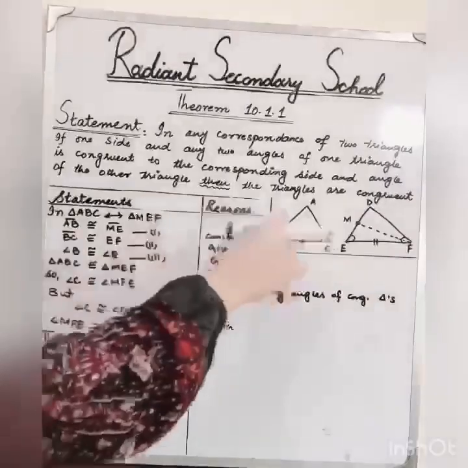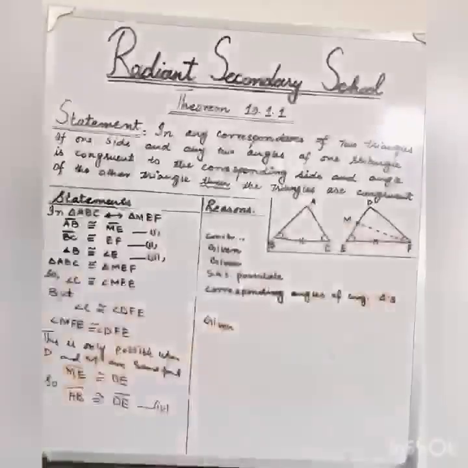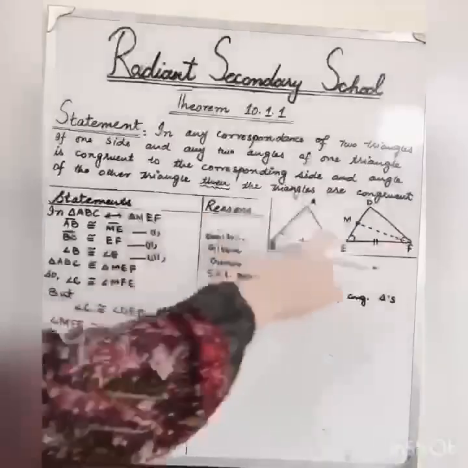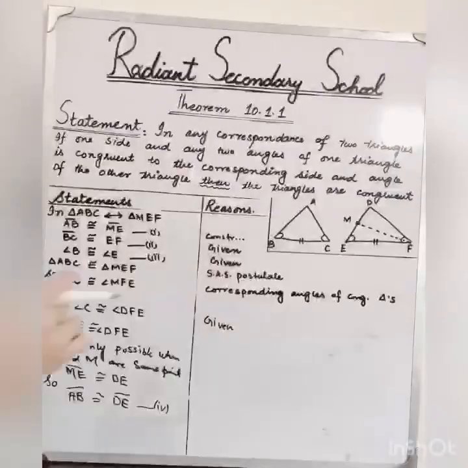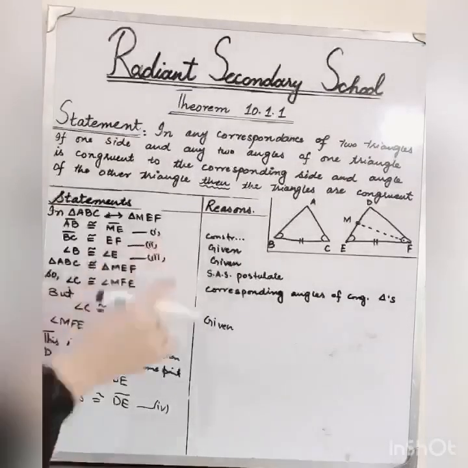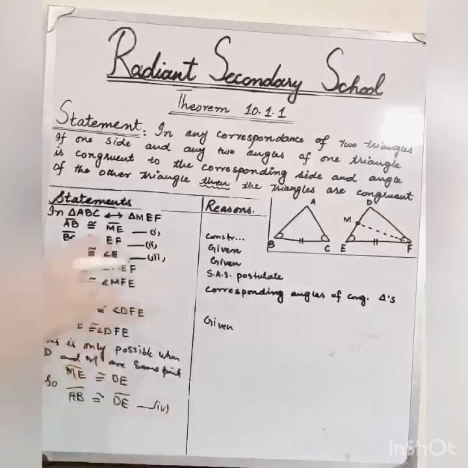So it means that this triangle and this triangle are congruent to each other, from points 1, 2 and 4. Here in the second point, one side is congruent, here one angle is congruent, and here another side is congruent.